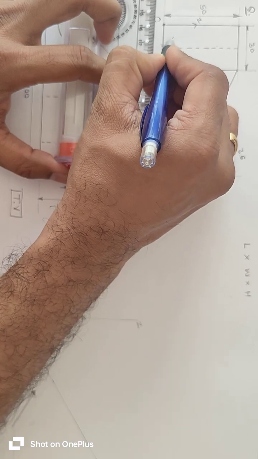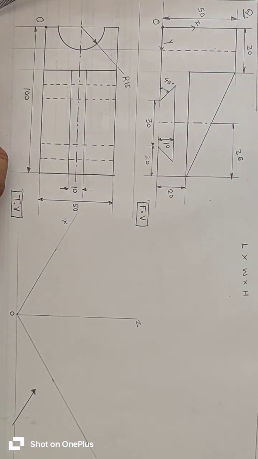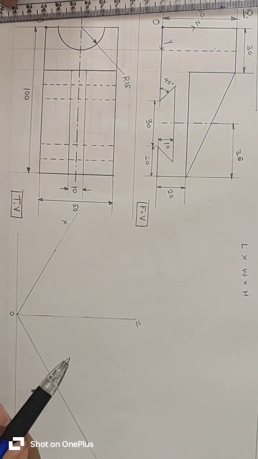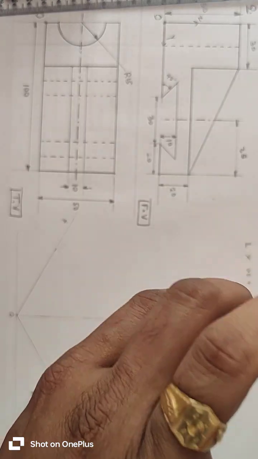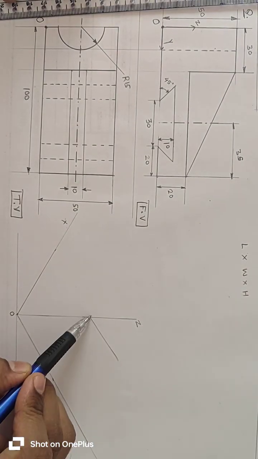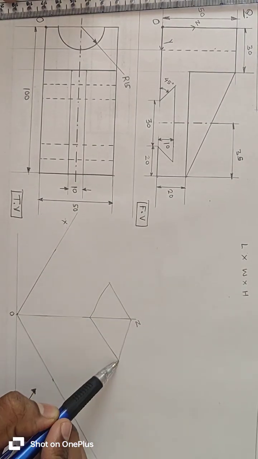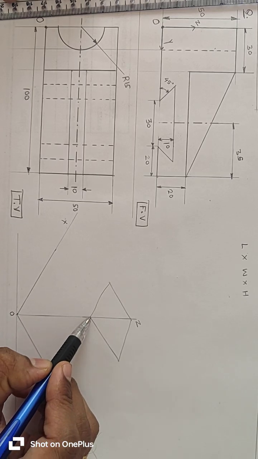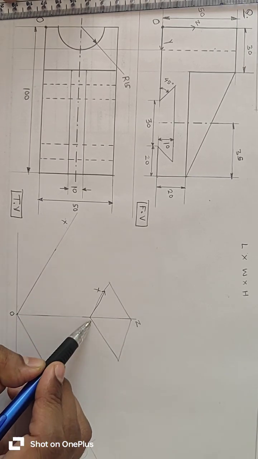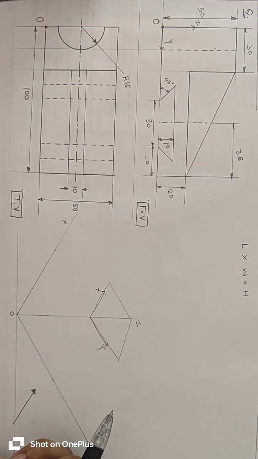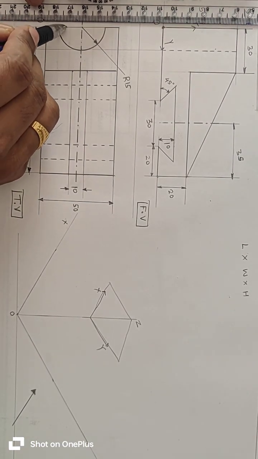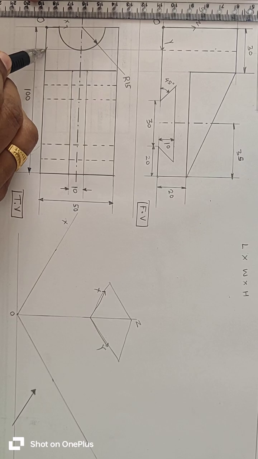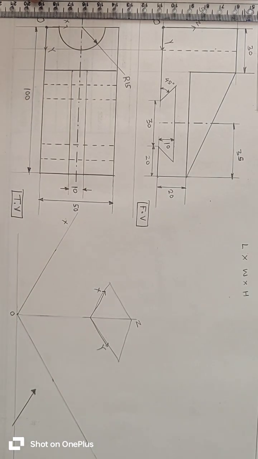In top view, if the front view is like this, then the top view plane will be like this, and the vertical axis will be x and the horizontal axis will be y.